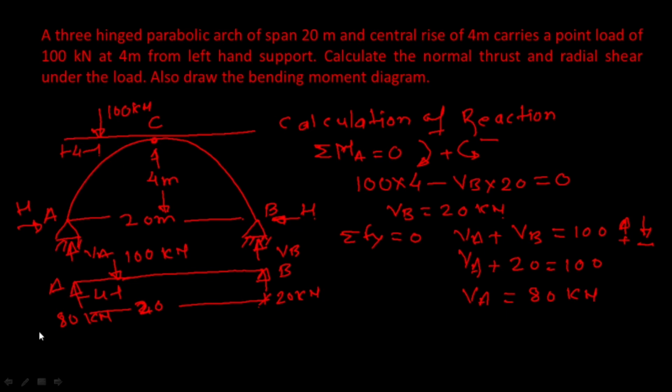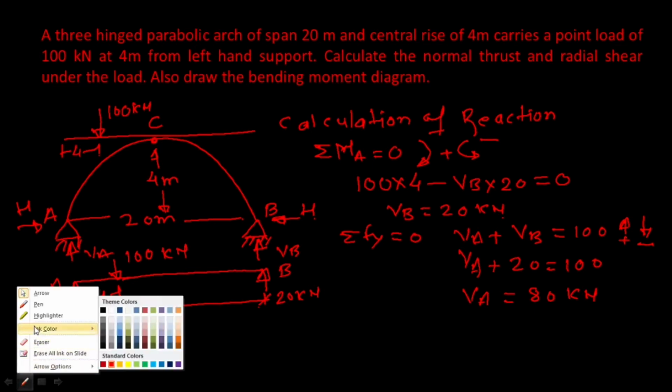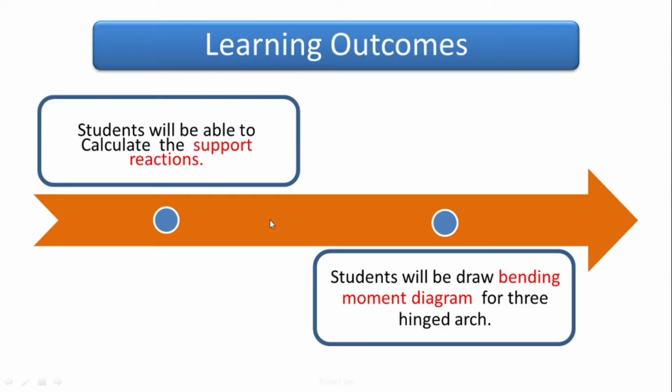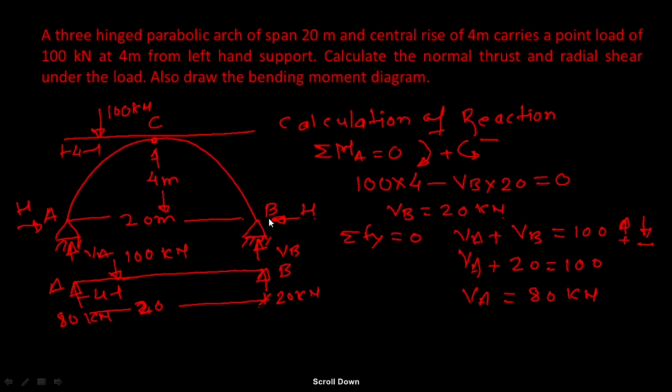Now the bending moment at the crown is equal to 0 because of the hinge.